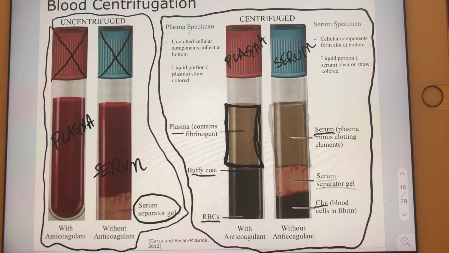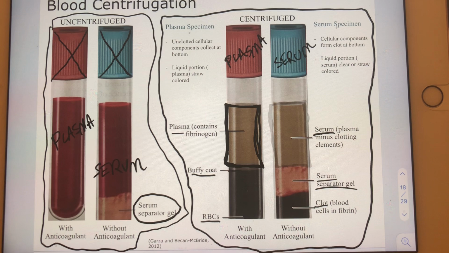So by allowing a clot to form, we've also drawn the clotting factors out of the plasma and yielded serum without clotting factors. And in between the two is our separator gel.